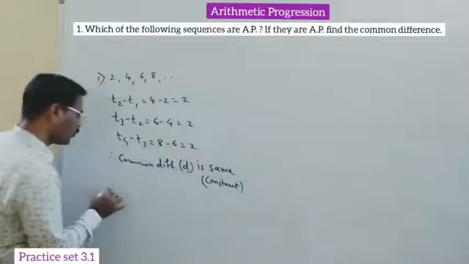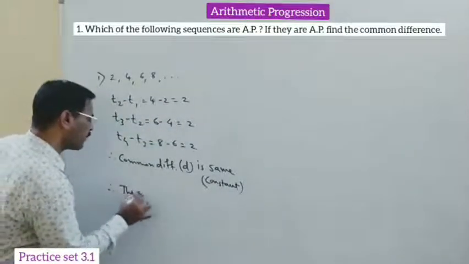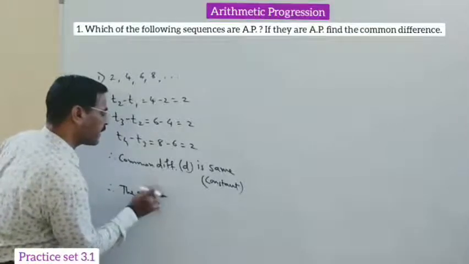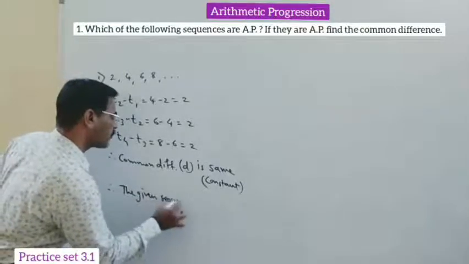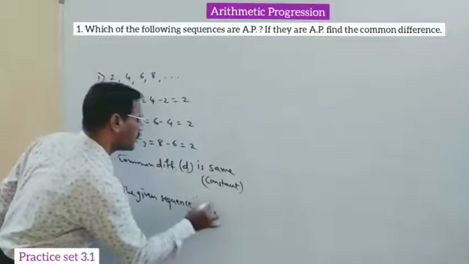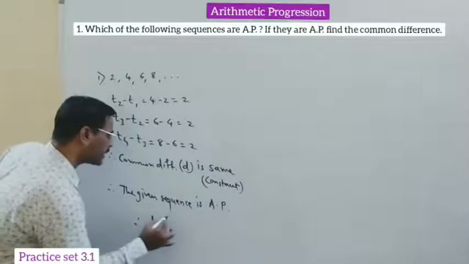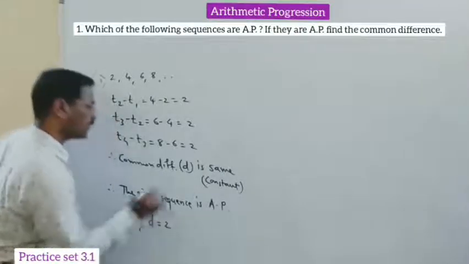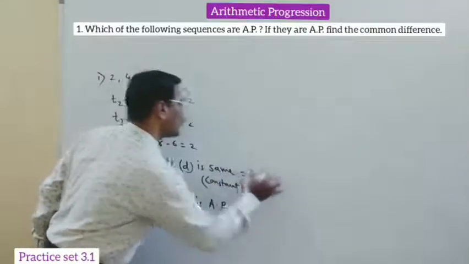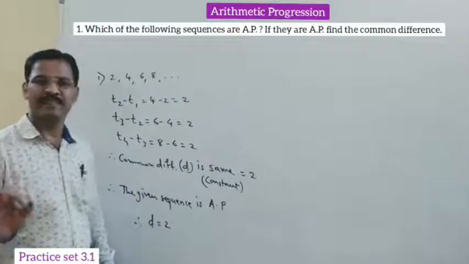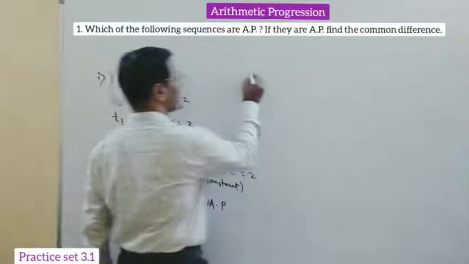Therefore the given sequence is AP. And what is D here? That D is nothing but 2. Like this we can find. All these are very simple. Look, I'll take the next one also.